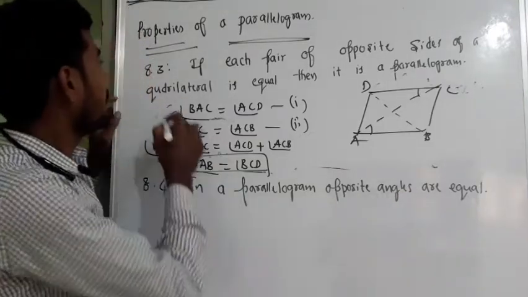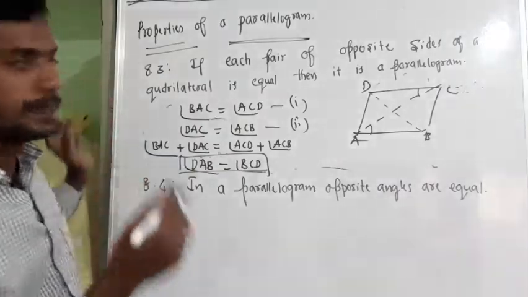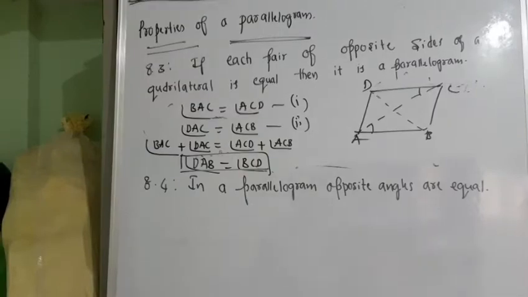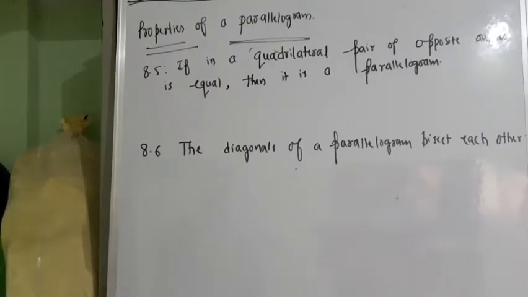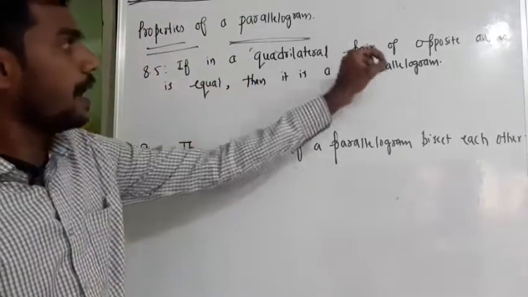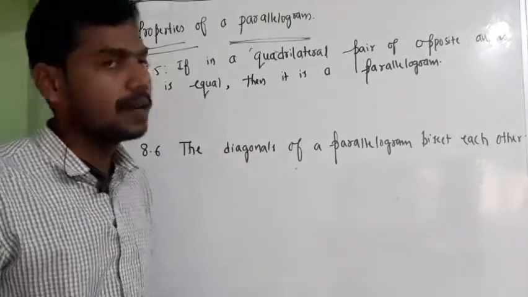Okay, so please note down 8.3 and 8.4. Next, theorem number 8.5, it is a converse of theorem number 8.4. What does it state? If in a quadrilateral a pair of opposite angles is equal, then it is a parallelogram.